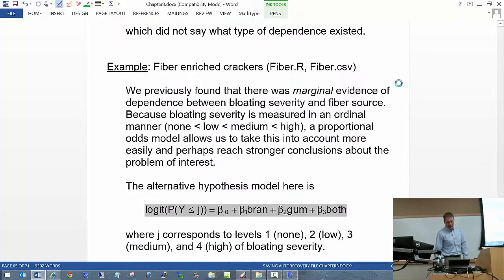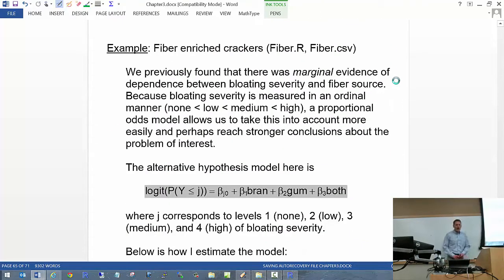Let's go back to the fiber-enriched crackers example. Last time, or I guess last few times, we found that there was marginal evidence of dependence. We weren't specifying what kind of dependence with the multinomial regression model and the Pearson chi-square test for independence, but we found marginal dependence.